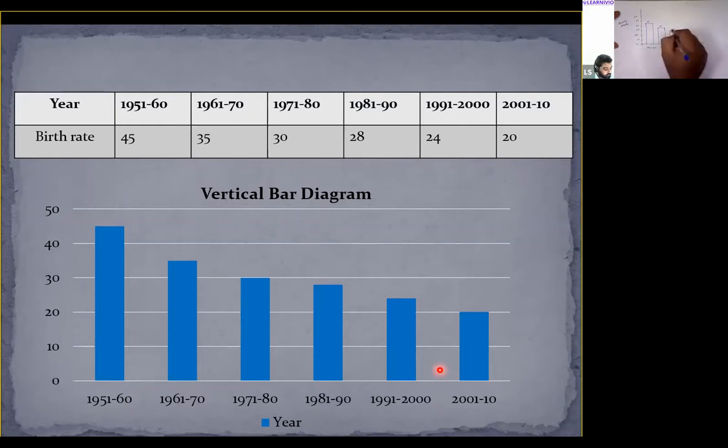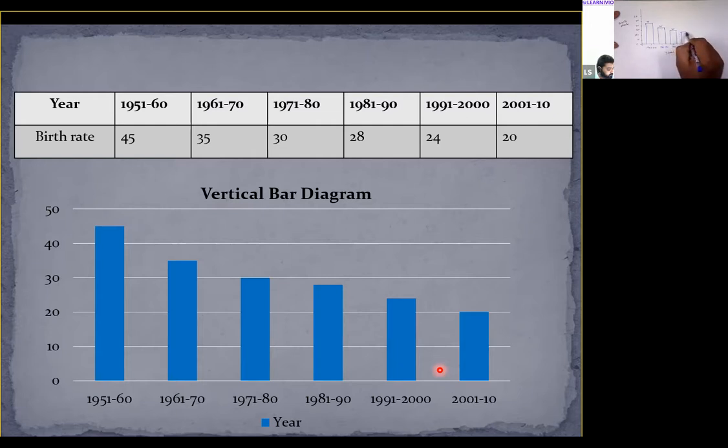This is 30. And for the year 1981 to 1990 is 28. 28 will be somewhere below 30.